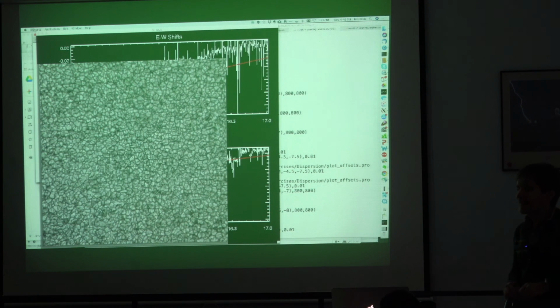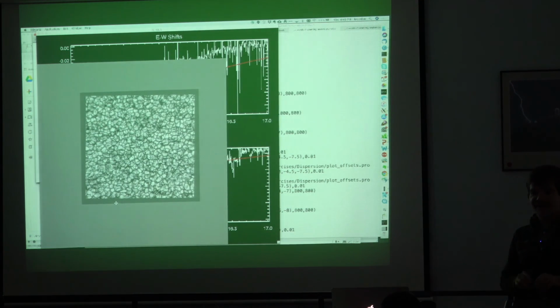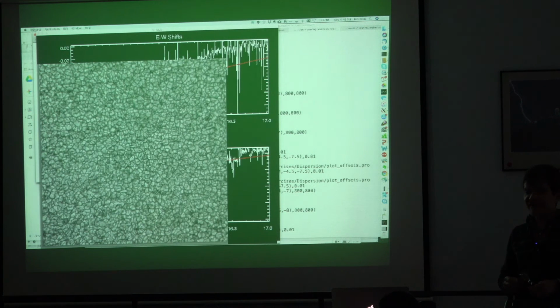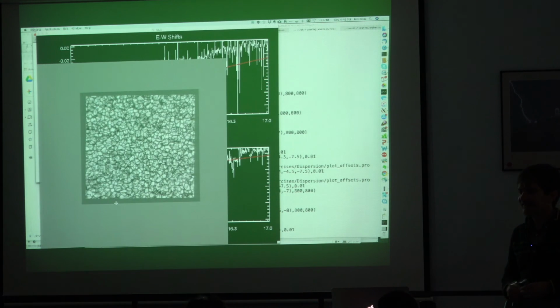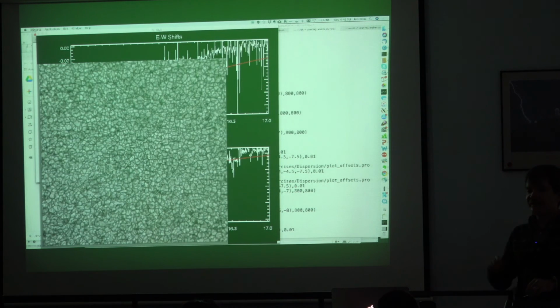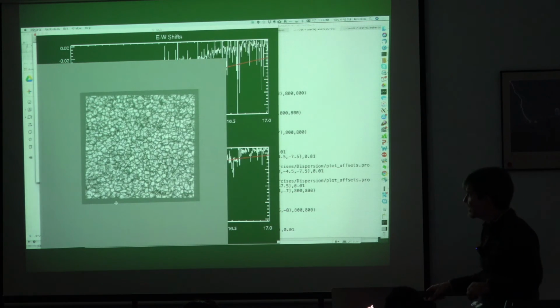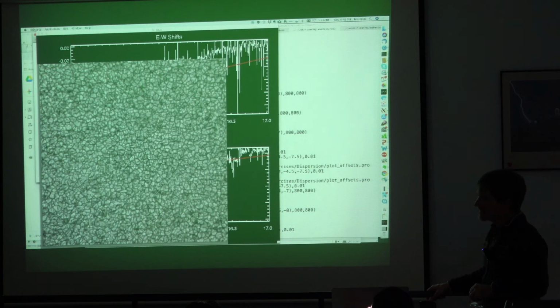Okay. Does anybody have any questions? Does this seem possible? Does it seem impossible? Is there a slight rotation between those?